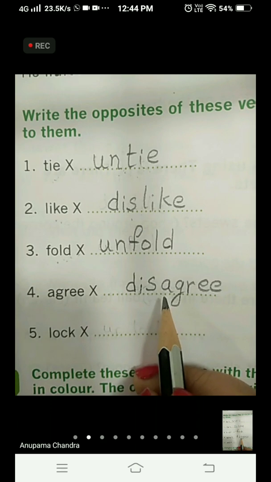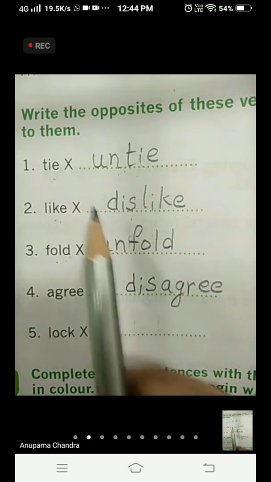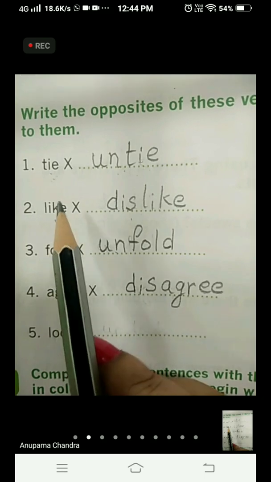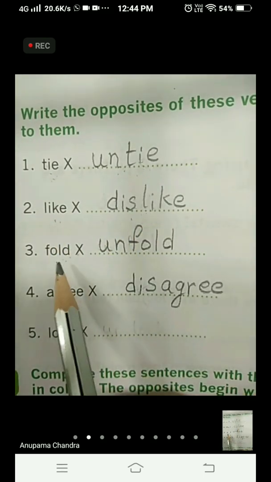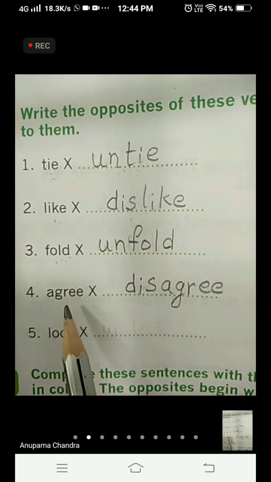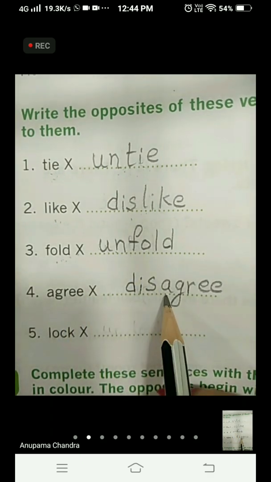I repeat children, antonym is a word with a meaning completely different from the meaning of another word. For example, tie, untie, like, dislike, fold, unfold, agree, disagree.